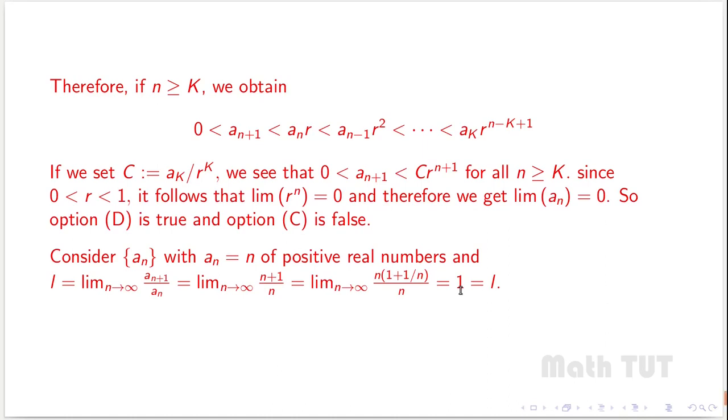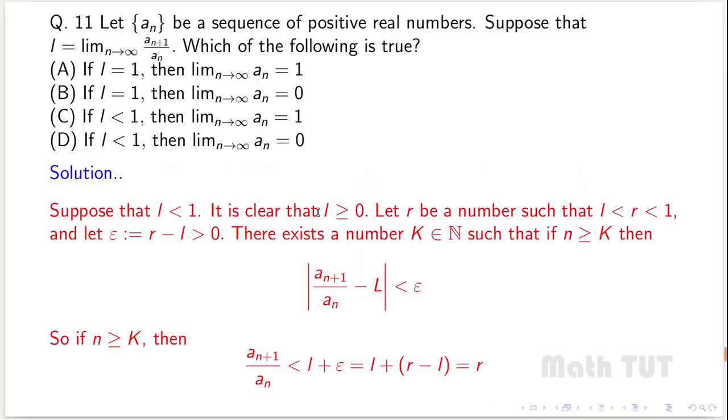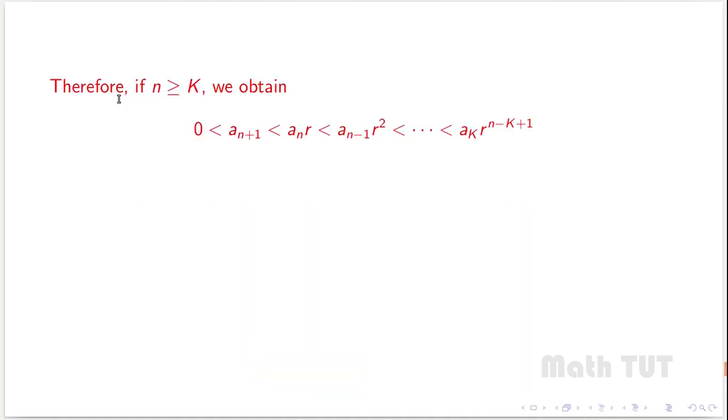So l is 1. So we have just chosen one example in which limit n tends to infinity of (n plus 1) by n is equal to l, which is 1 as per whatever is given to us here. So I am choosing such an example.